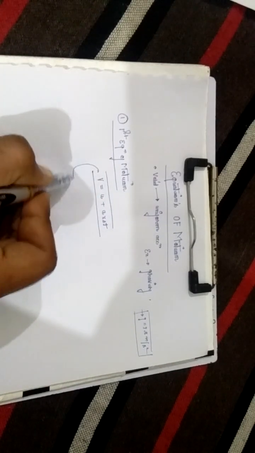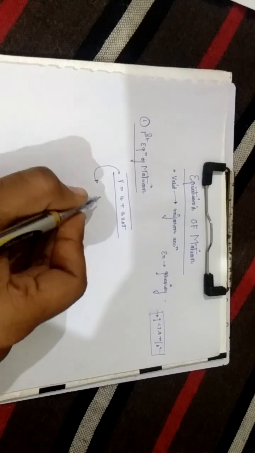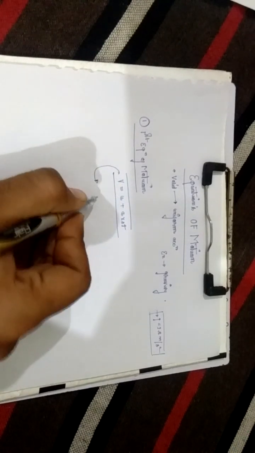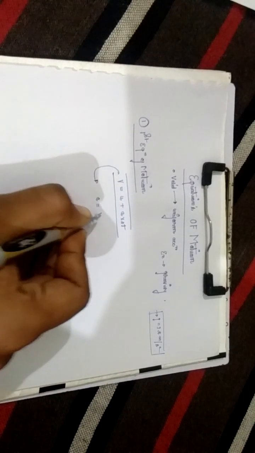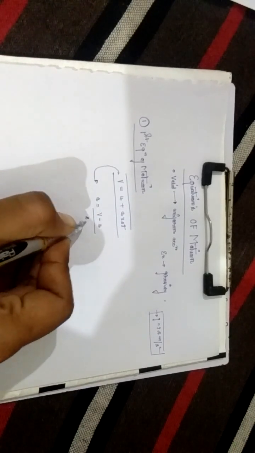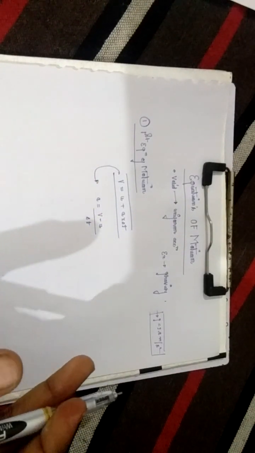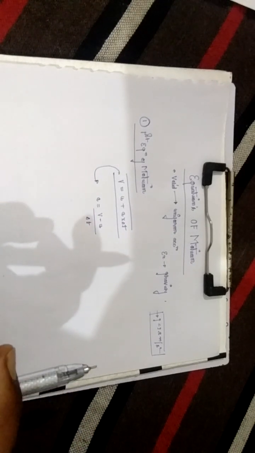The first equation may seem familiar because it comes from a simple equation we have read before. Acceleration is equal to final velocity minus initial velocity upon time interval. What is acceleration? The difference between the initial and final velocities upon the time interval.